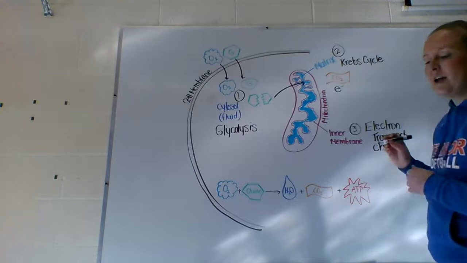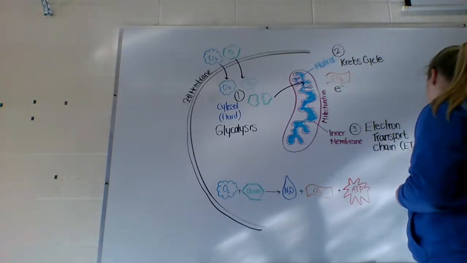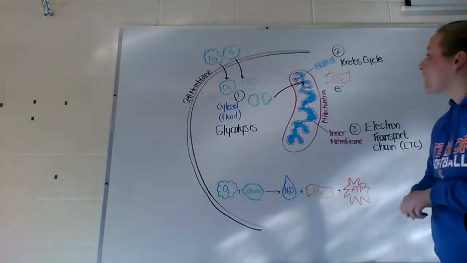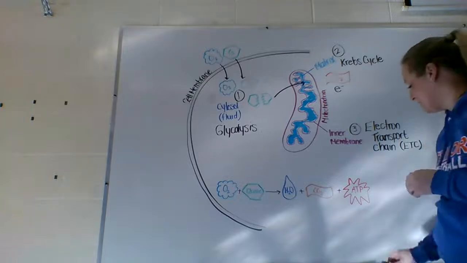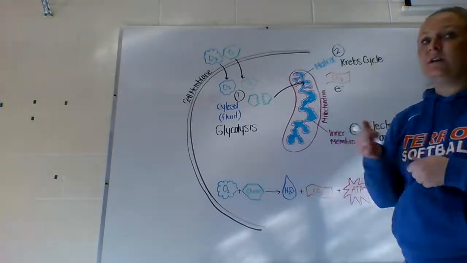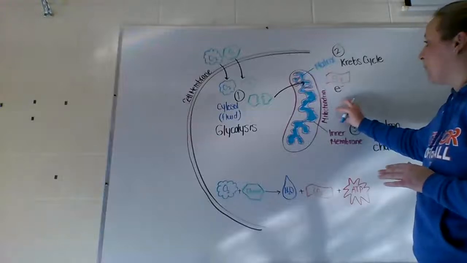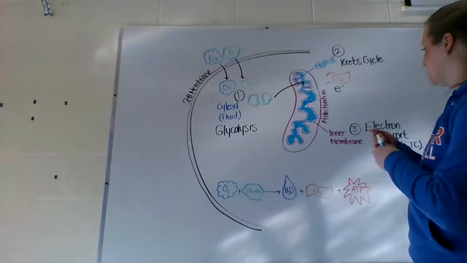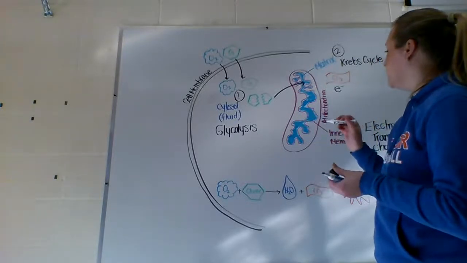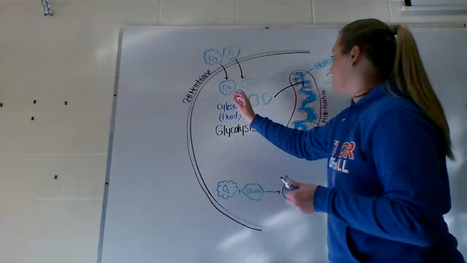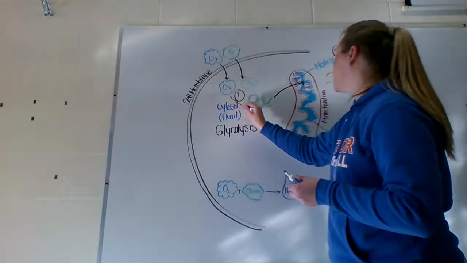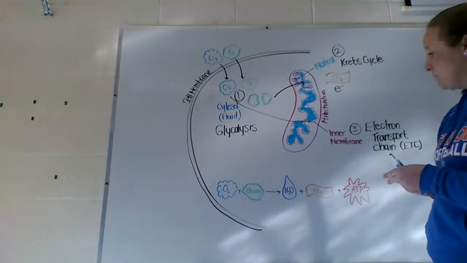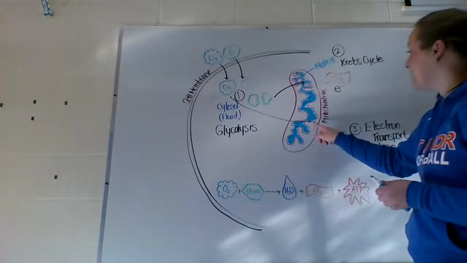Step number 3 is called the electron transport chain, and we abbreviate that as ETC for short. In this step, we need a few things. The oxygen that we kind of forgot about over in step 1 is needed in step 3 here. Our oxygen molecule comes in and it interacts with the inner membrane.